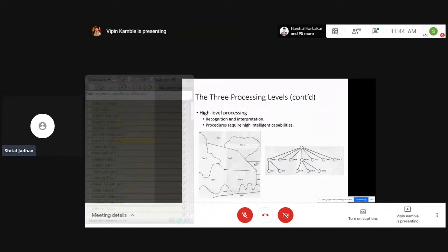But if you are able to automatically recognize, the best example can be if you know that in the premises of your college an unknown person is there, who is not a student or faculty or member of that institute.